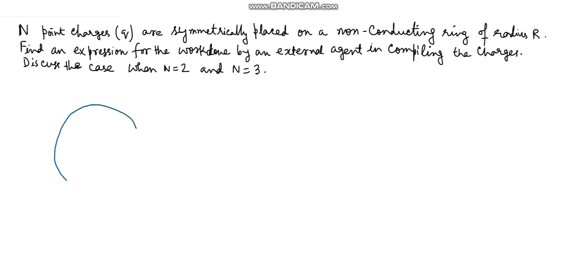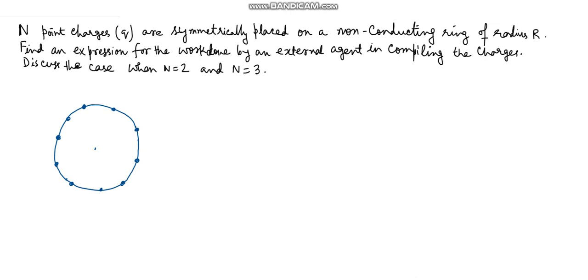n number of charges. Of course n will be more than 2, minimum 2, because there is no significance of keeping only one charge. So let's say that these are the charges 1, 2, 3, 4, 5, 6 like this. So our job is to find out the work done by an external agent in compiling the charges.